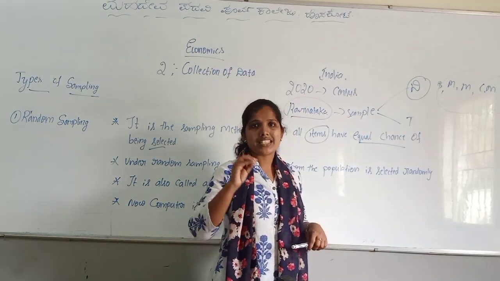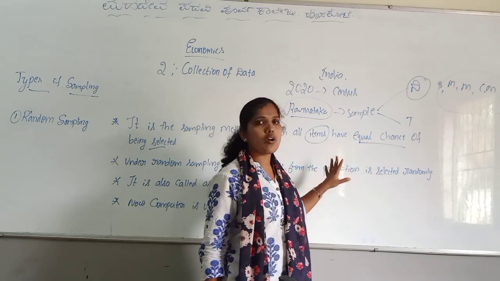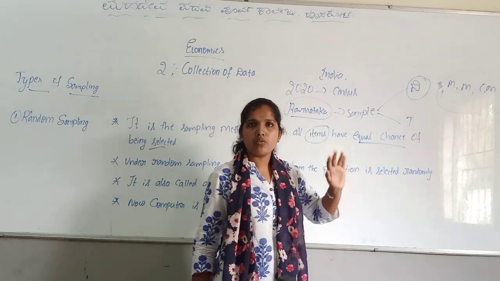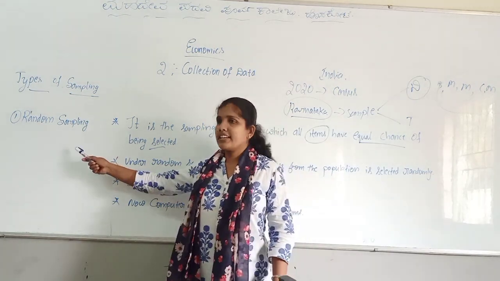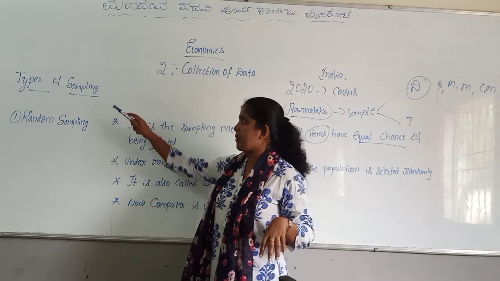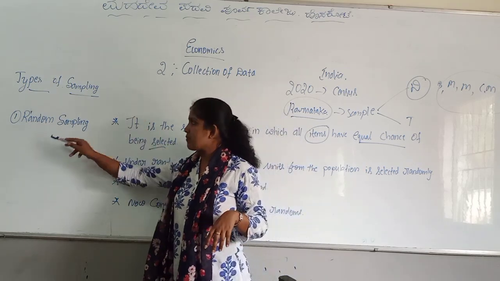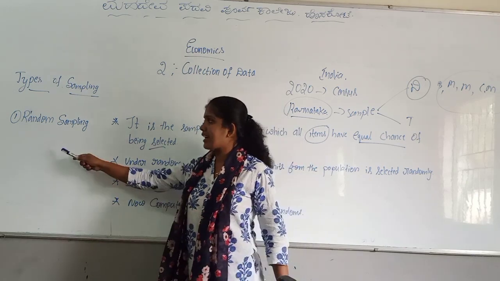So when you select any of the items or units from the population randomly without any judgment, then that is known as random sampling. Okay, so there are two types of sampling: random sampling and non-random sampling. So what is random sampling?